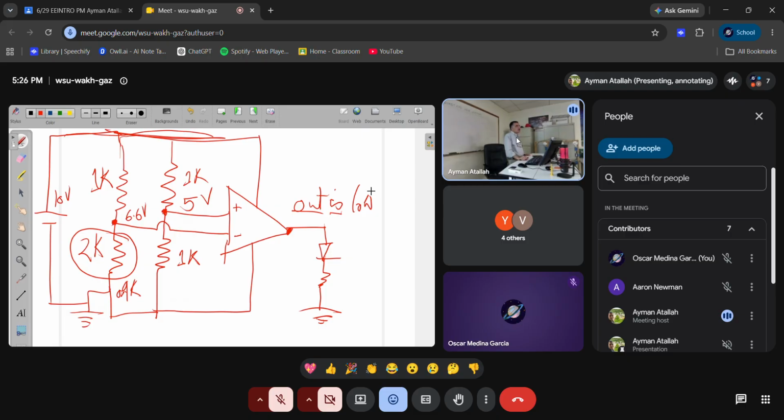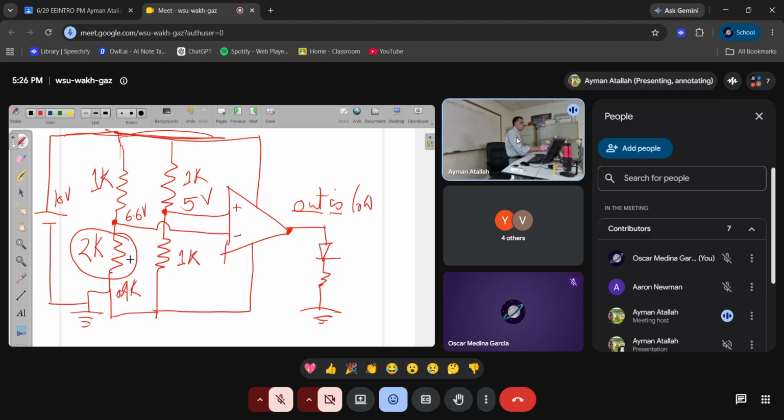Okay. So there are many applications of this. So this could be a light detector that detects light if it is low. When it receives light, its resistance will decrease and the output will be high. Okay.